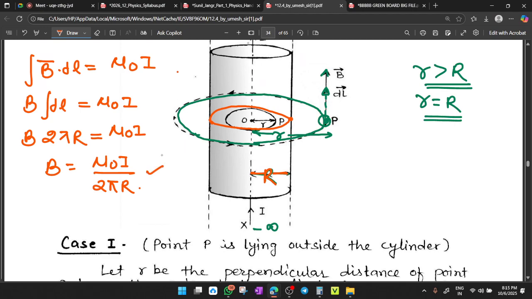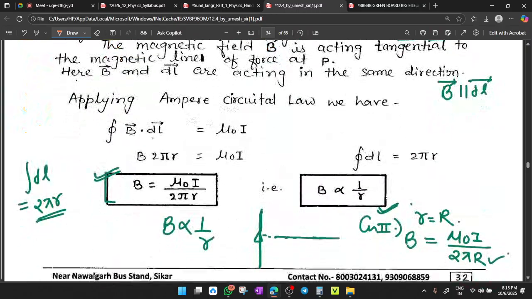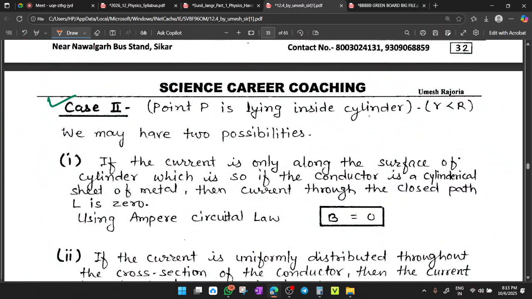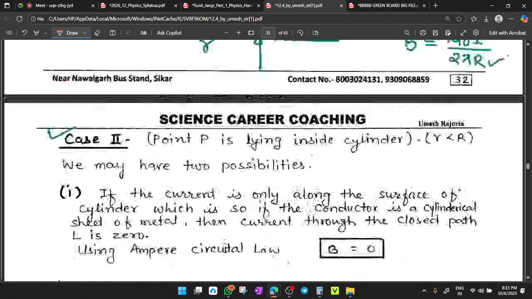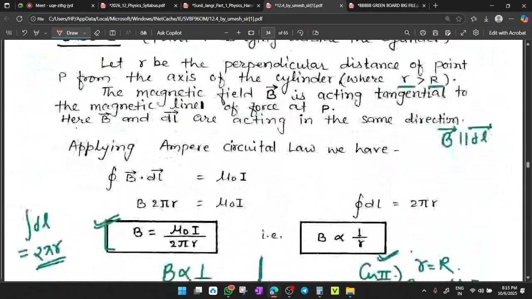Yes. Next point. Third, when point P is lying inside the cylinder, we may have two possibilities. If the current is only along the surface of the cylinder, so the conductor cylinder is a sheet of metal, then the current through the closed path L is zero using the Ampere circuital law. Try to understand this. See here. What is happening here?